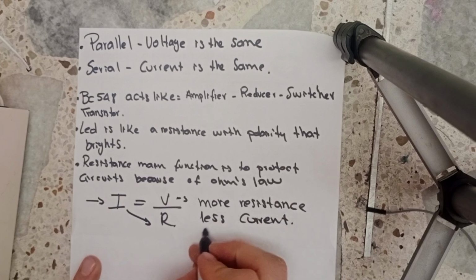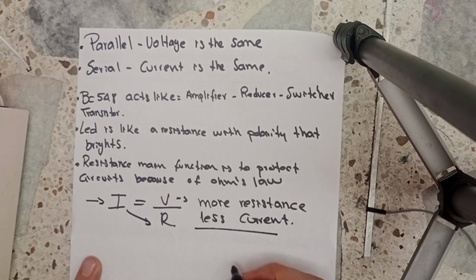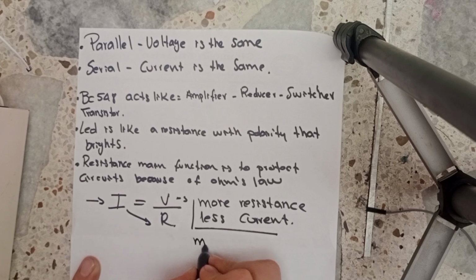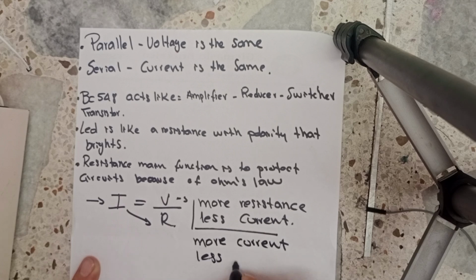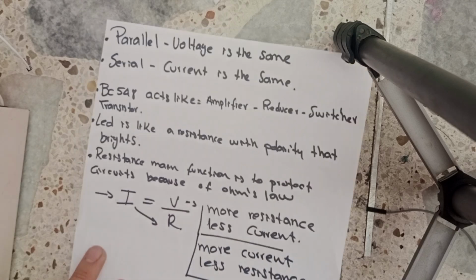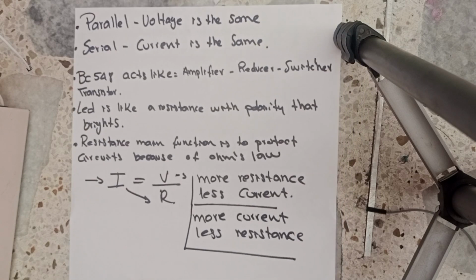More resistance, less current. That's why the other one is more current, less resistance, right? So that's the main point of this, okay?